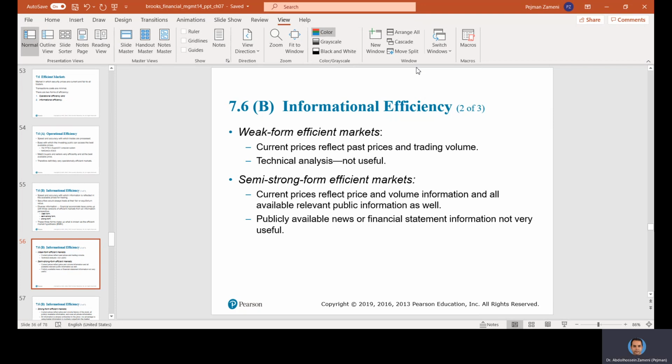Semi-strong form efficient markets refers to the publicly available information, meaning information that is published in the company's statements, which is available to everyone all over the world.